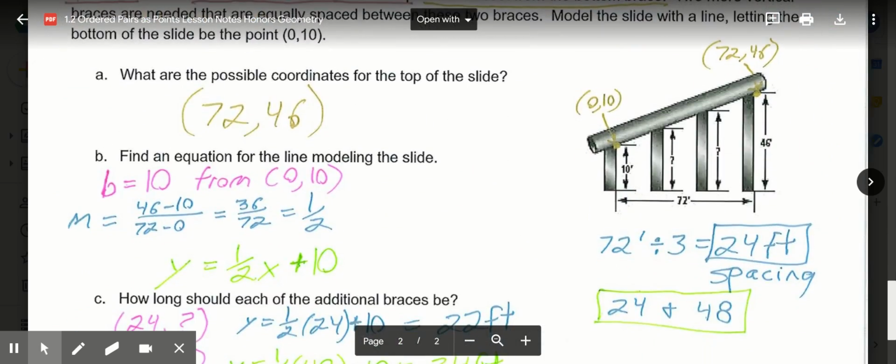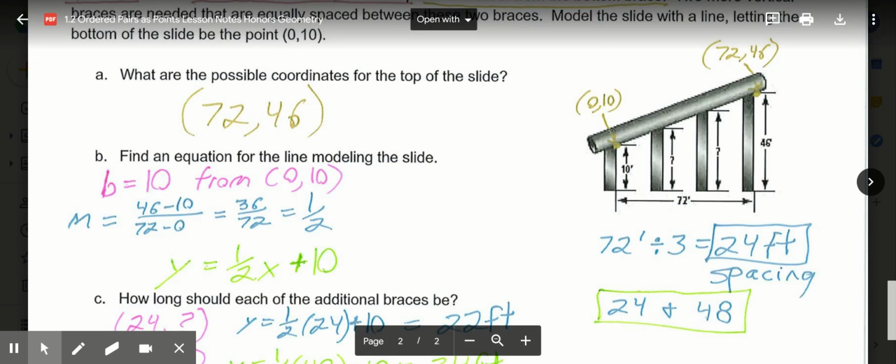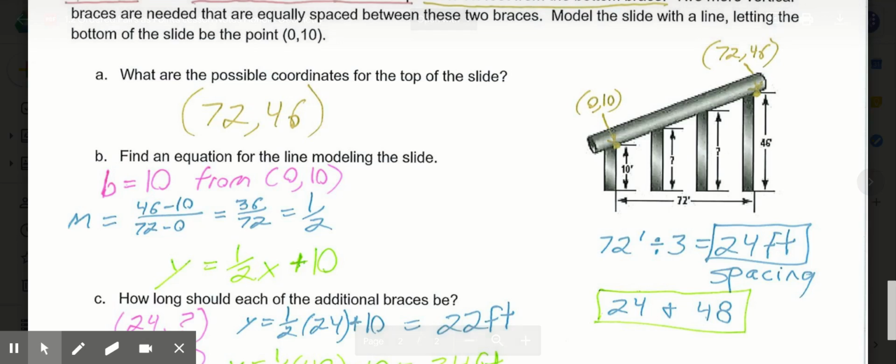First we want to find our slope, which in this case would be change in y over change in x, 46 minus 10, and 72 minus 0. That comes from these 2 coordinates. That gives us 36 over 72, which simplifies to 1/2.